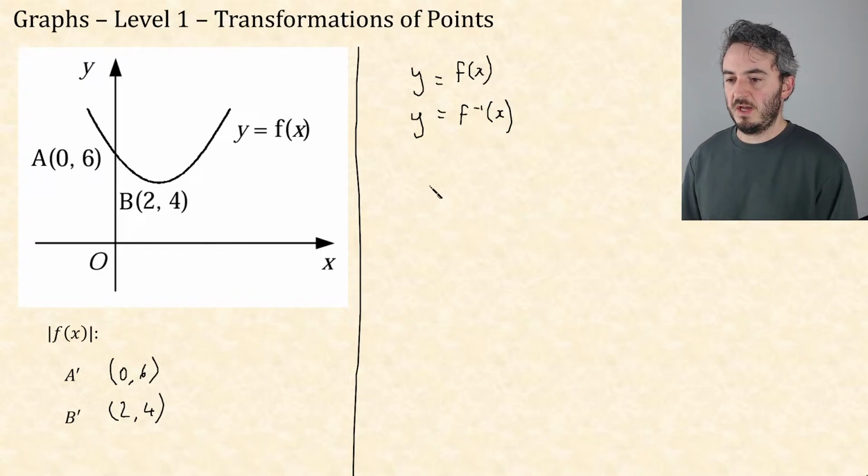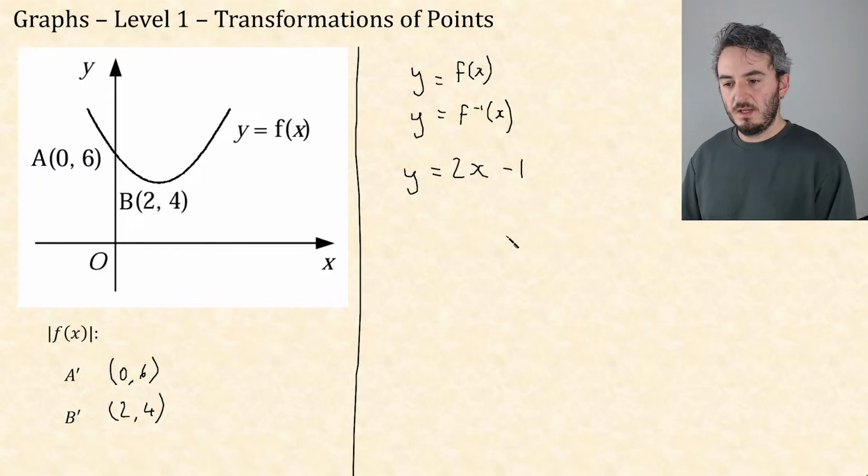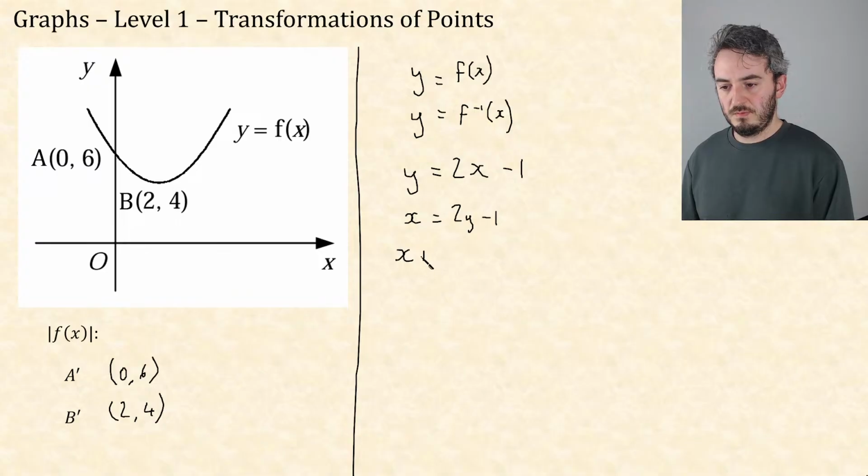And the explanation for that is essentially that if you think about how you find an inverse, let's just recap that. If you had y equals, say, something really easy like 2x minus 1, our process of finding the inverse is swap the x's and y's and then rearrange to get y the subject. And so the inverse there is that.